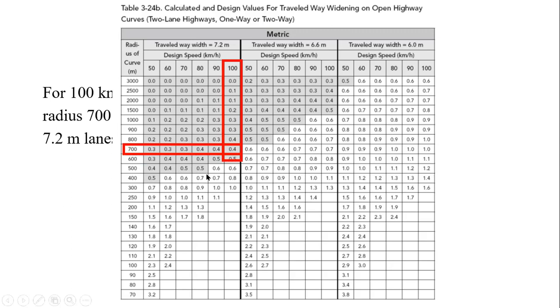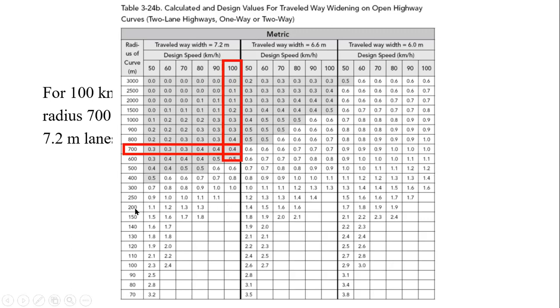Now, if for instance I had a radius of 300 meters, then I would require 1 meter of widening. Now we have to provide 1 meter, which means your width along the curve should be 7.2 plus 1 meter, 8.2 meters. But what about this?